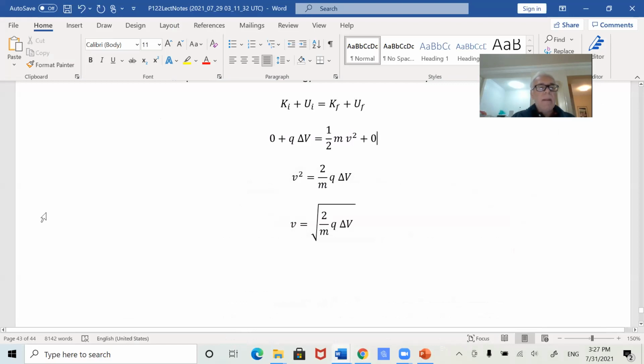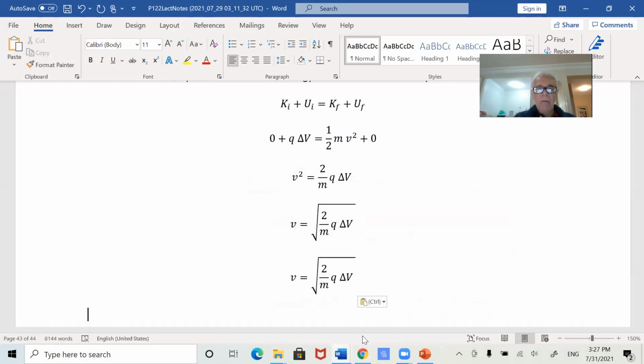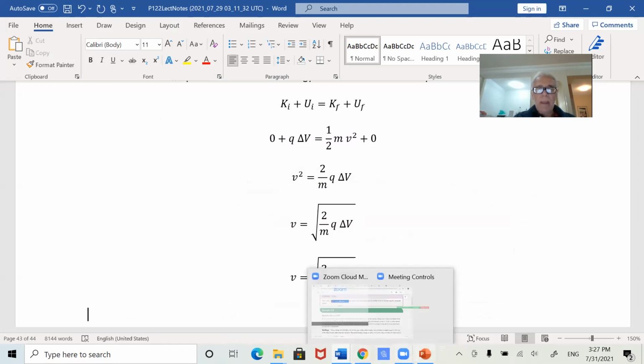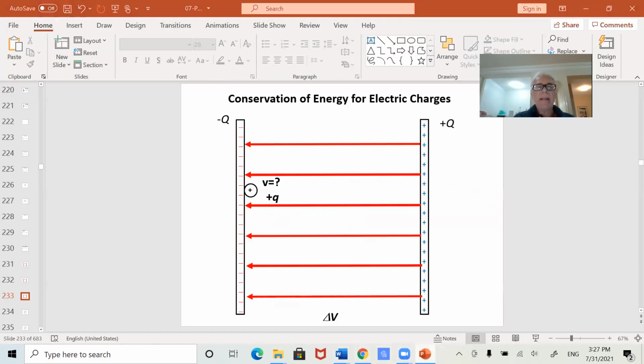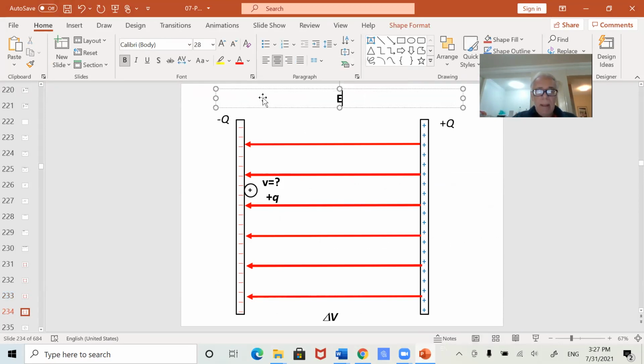Delta V is 12 kilo electron volts. The electron gun is something like that, but the charge is going to be negative, not positive. So let's do it according to the problem. What we have here is a negative charge.